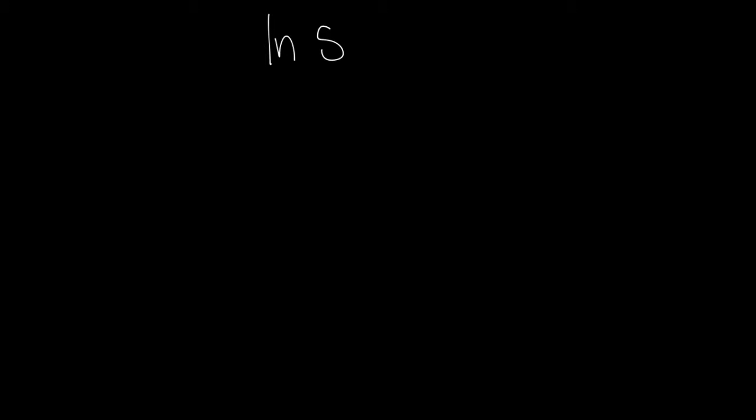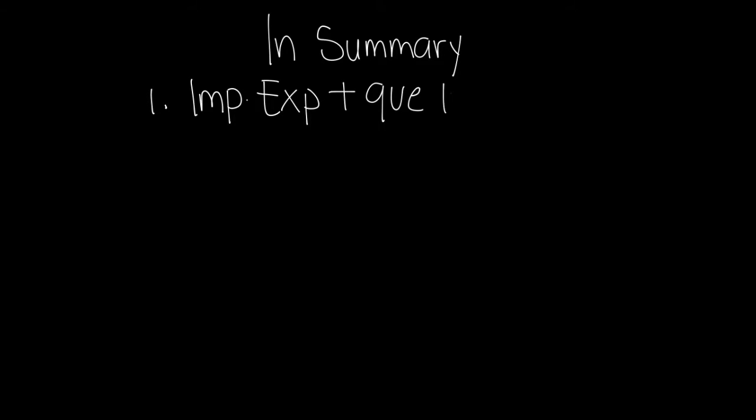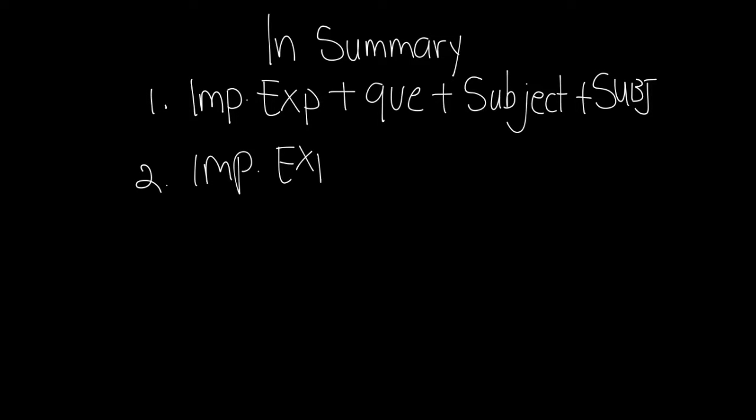So in summary, when we have impersonal expressions, first, and there is a specific subject, I'm going to use the word que and the verb in the subjunctive. If I want to express a general idea, I'm going to use an impersonal expression followed by an infinitive.